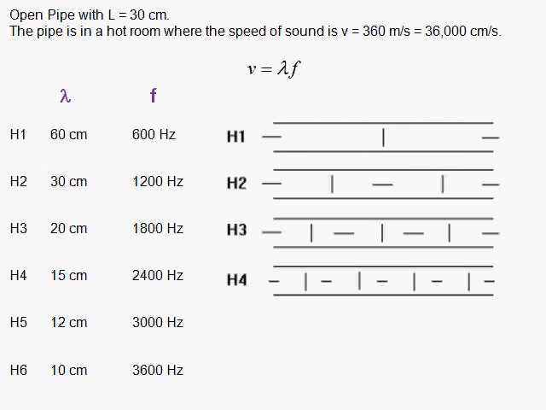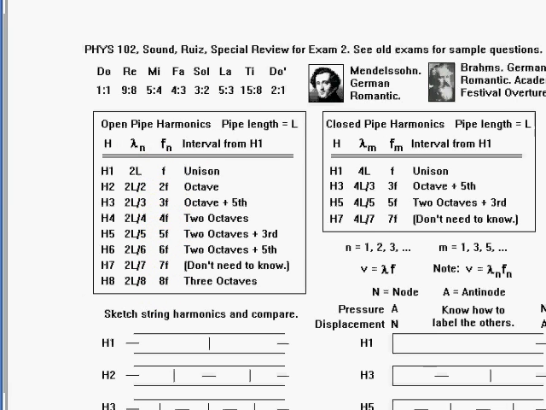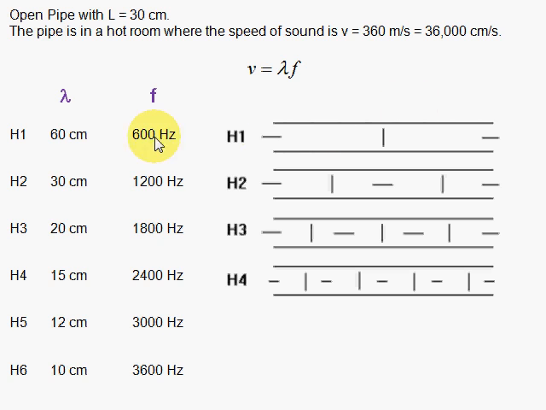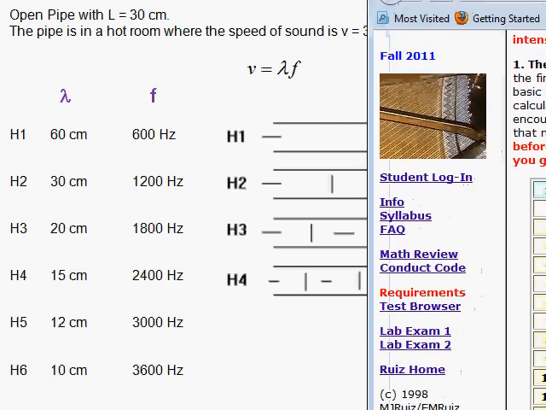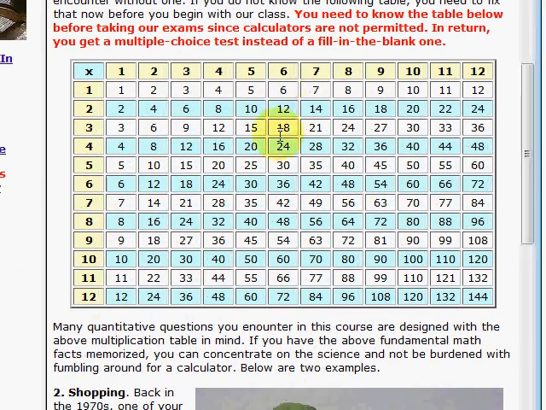Now, the chart tells me to get all the harmonics as I go up, I simply double, triple, quadruple, etc. This will work out fairly easily because I am careful, as best I can, to pick numbers that work with the multiplication table, 12 by 12.